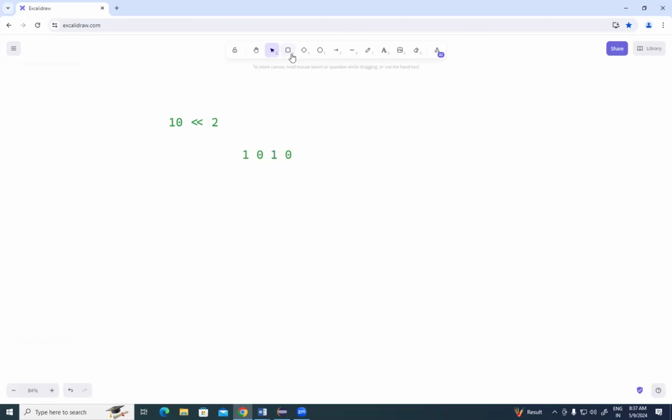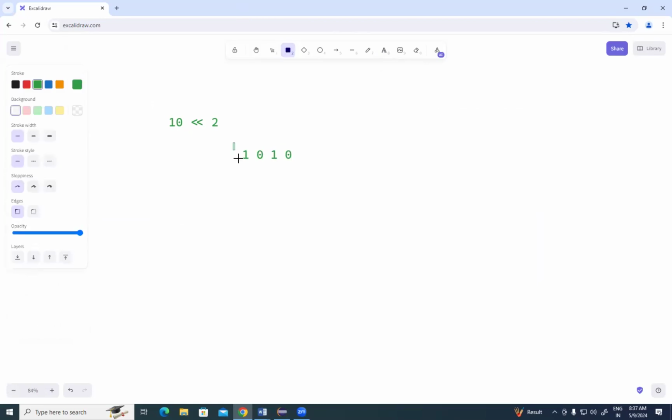Okay. Let us take the digits in this format. Please understand me. I'm keeping all the digits like this to understand. Now left shift these digits by how many times? 2 times.